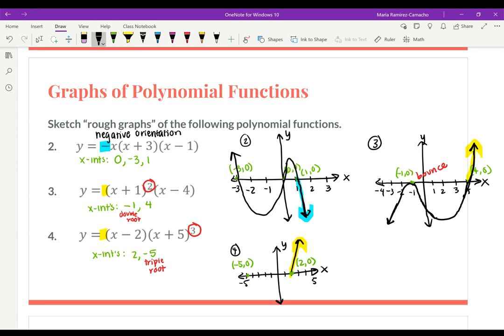And also like number 3, if I'm backtracking, the 2 here, that last x-intercept, is a single root, so the graph is just going to go right through the x-axis at that point. But as we're coming up to intersect the x-axis at negative 5, remember that we are going to flatten out.